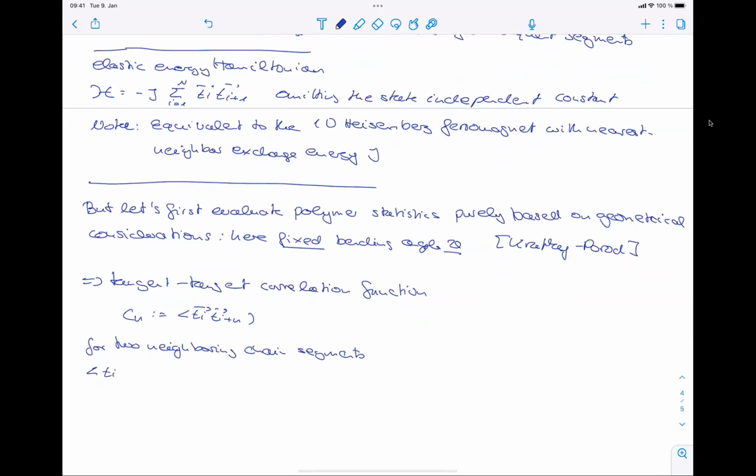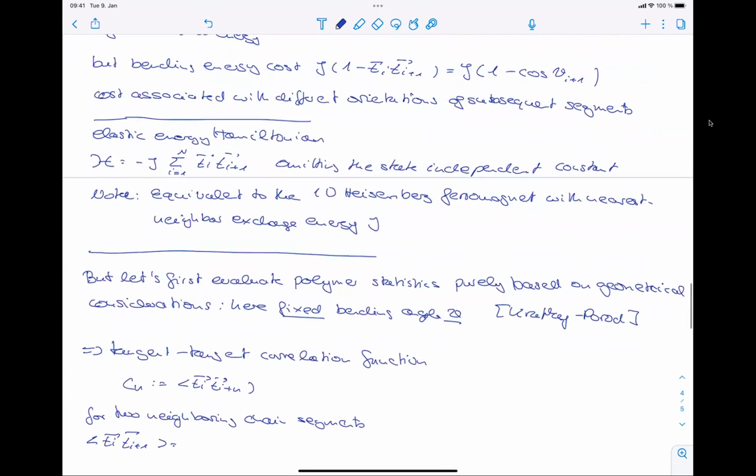Well, we state that Ti plus 1 is just defined by cos theta I plus 1. But the thetas are all the same, so it's cos theta.